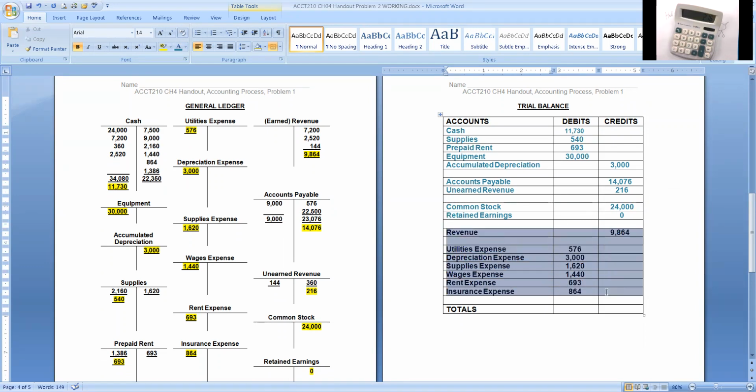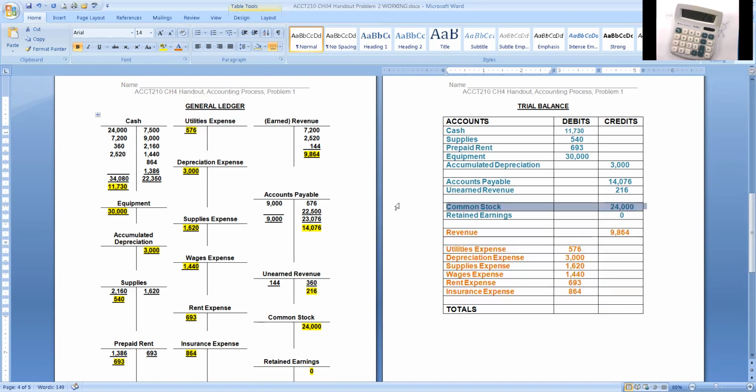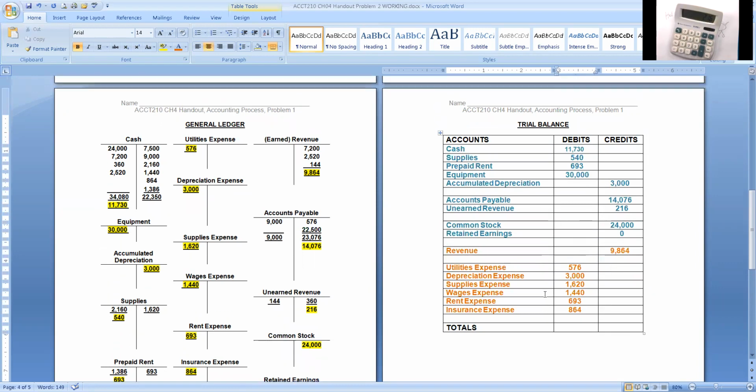And then the revenue and expenses that go on the income statement usually go next. So this is all balance sheet stuff, and this down here is the income statement stuff. That's usually the way the trial balance will be set up.